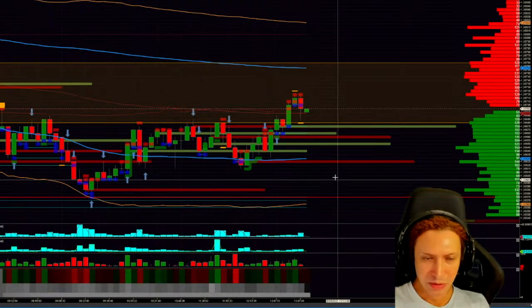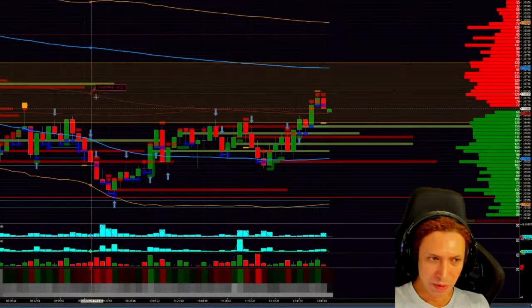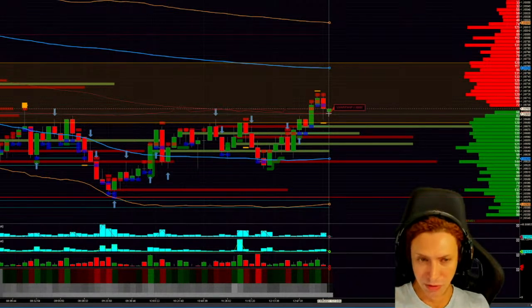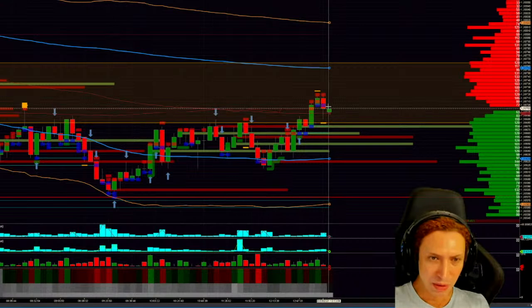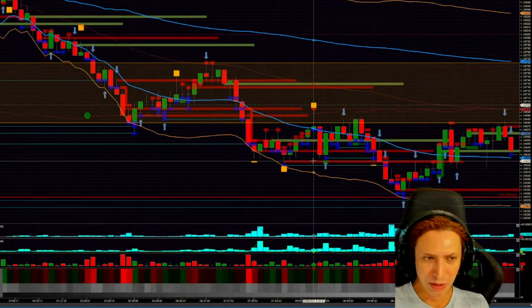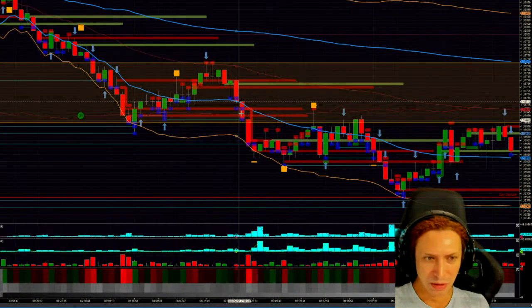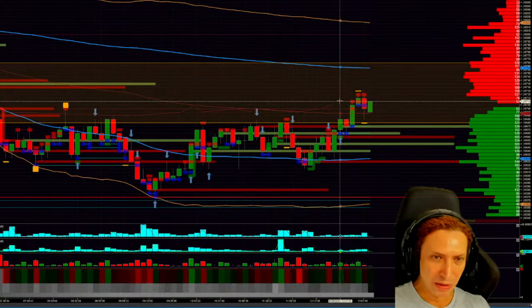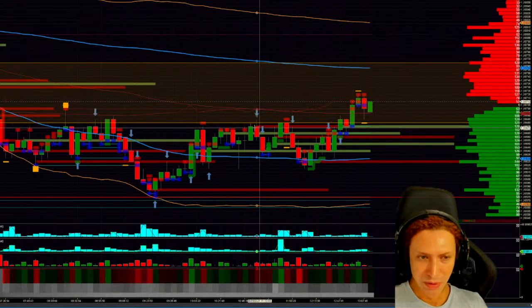I use this because the VWAP itself is considered the fair price for all traders, for institutional traders mostly. And the deviations are widely used by algorithm traders to put their in and out orders. So that's why I take that into account as well.